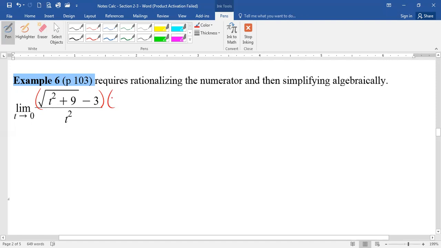So it's the square root of t squared plus 9 plus 3 that we're multiplying the top and bottom by.